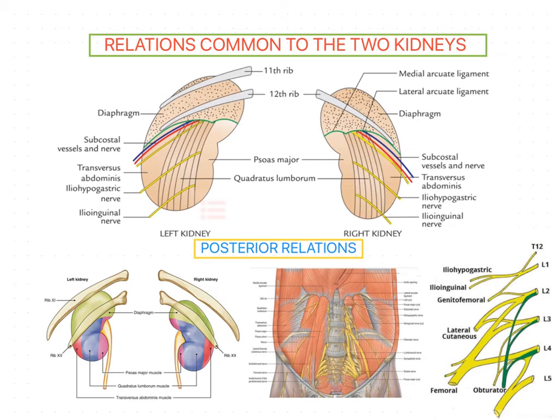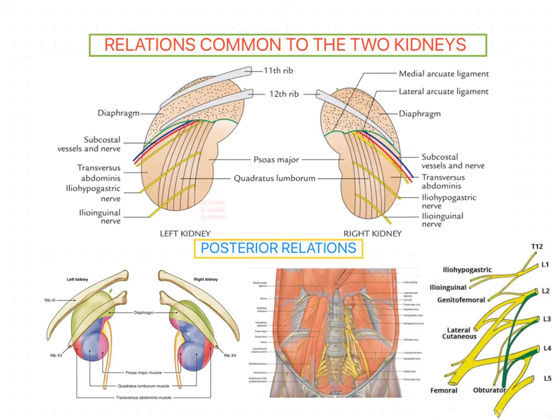The common relations of the two kidneys are, first, the upper pole of each kidney. In these pictures the kidneys are covered with the diaphragm muscle, so we can't see the suprarenal glands, but at the upper pole both are related to the corresponding suprarenal glands.